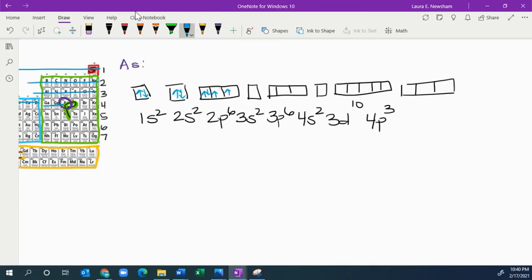Then they get 2. 2 electrons, and you can do a half arrow instead of a full arrow if you like. 6 electrons, everyone gets an electron before they get 2. 2 electrons, D. Everyone gets an electron before they get 2. 1, 2, 3, 4, 5. And then I have 3. Everyone gets an electron.